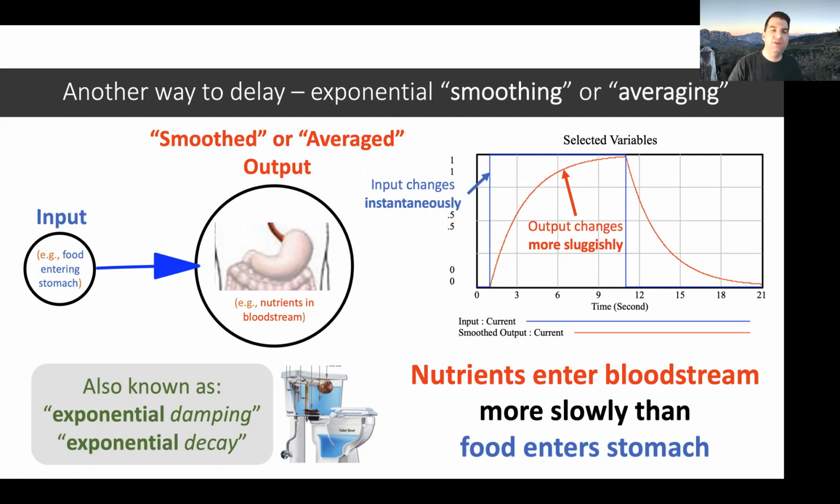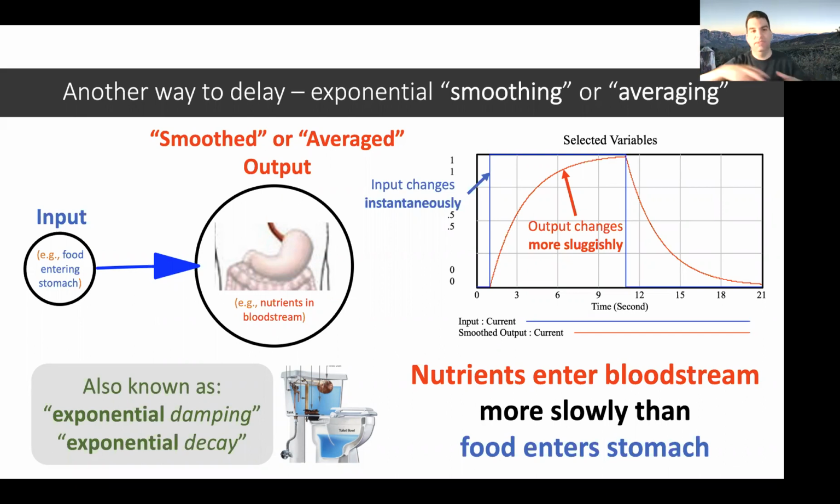And so we view the filling behavior over time of the toilet as a smoothed out version of the actual flush of the toilet. So the input of the toilet is like flushing the handle. That's like an instantaneous disturbance of the system. And there is a response to that, but that response is drawn out over time.